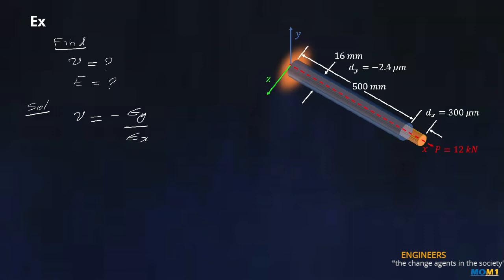So to calculate the value of these strains, first we calculate the value of epsilon x, that is the change in length delta x upon the original length, and we know that the change in length is 300 micrometer, and we have the original length that is 500 millimeter.